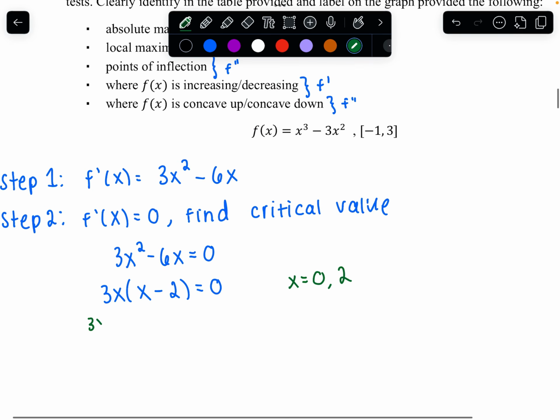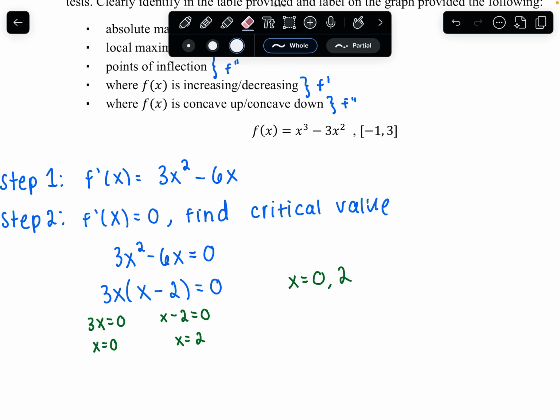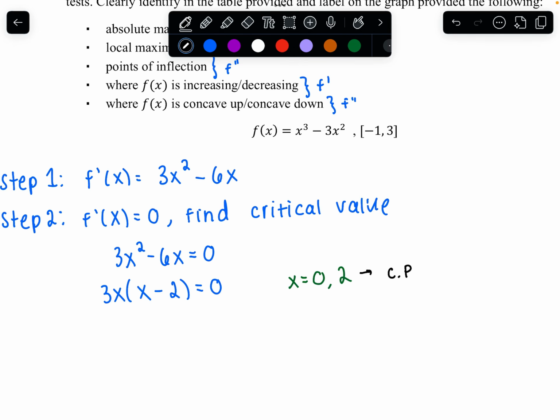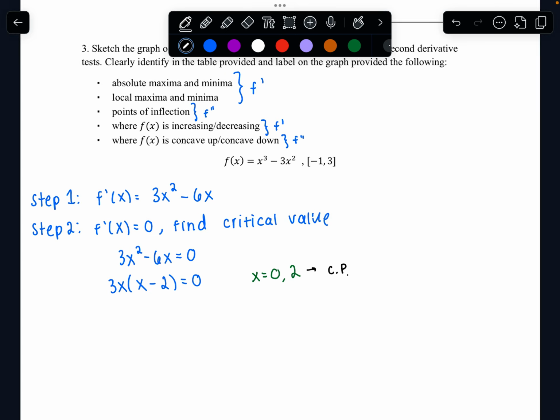Really, what we were doing here is we were doing 3x equals 0, and we were doing x minus 2 equals 0. So that's where I got x equals 0 and x equals 2 from. Okay? Alright, so these guys are our critical values. Critical point, critical value, doesn't matter.